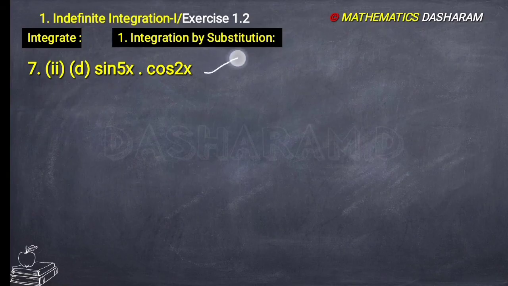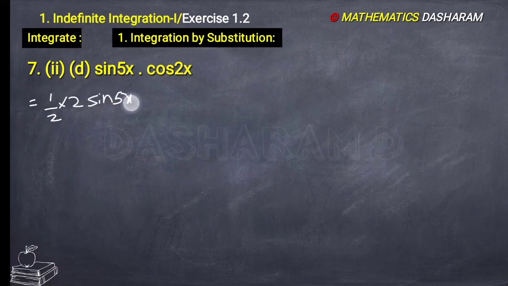D question, sin 5x into cos 2x. Let us multiply and divide by 2 for the given question.